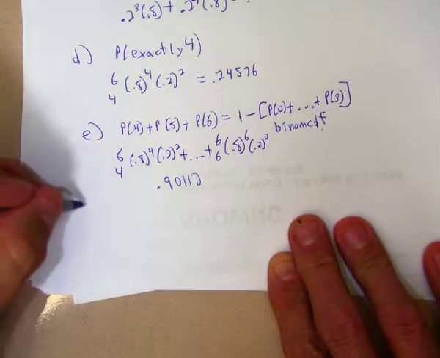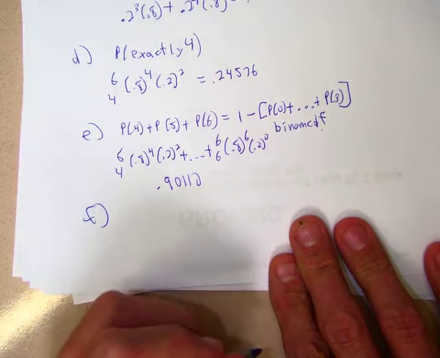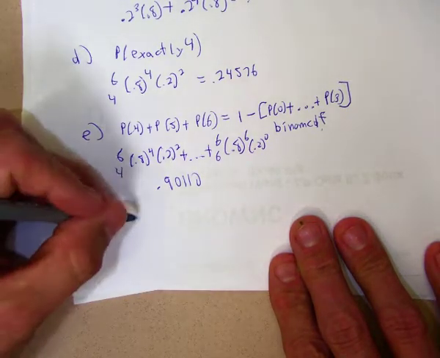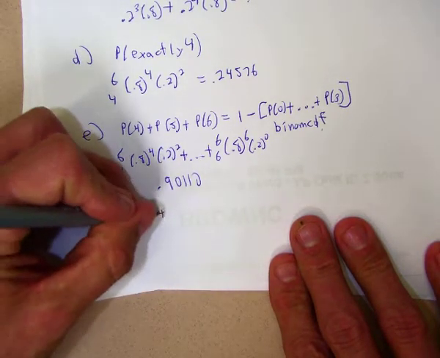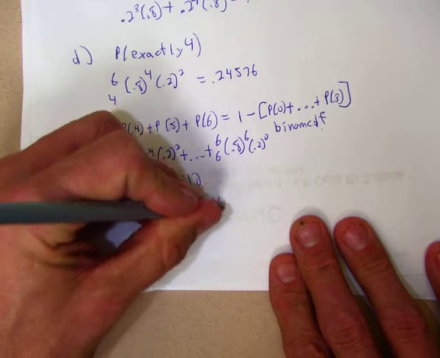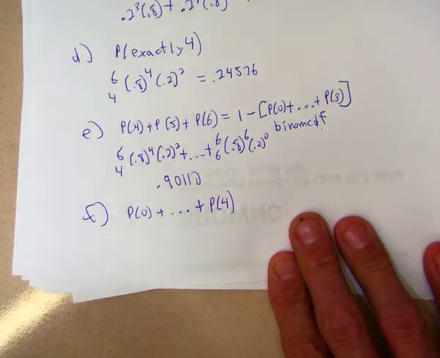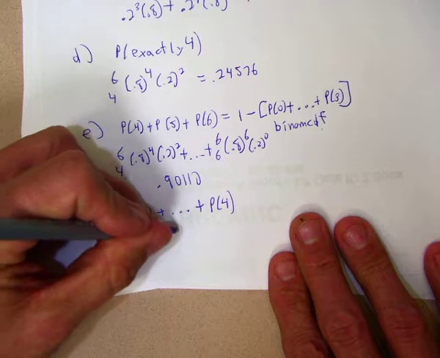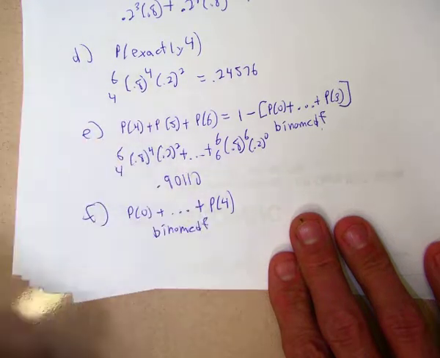Okay, and then the last one is F. She gets at most 4 bullseyes, so at most is the probability of 0 all the way up to the probability of 4. And the way we're going to do that, we don't do 1 minus, it's simply binomCDF.